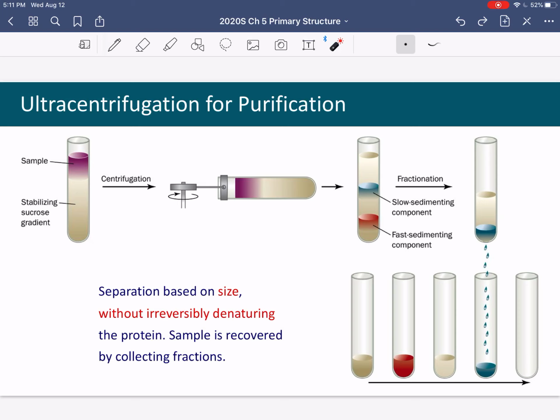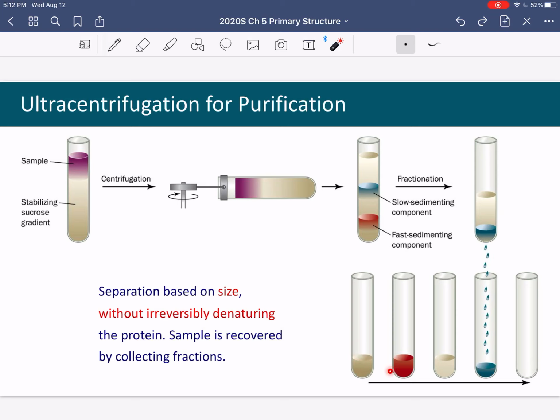And then you put that in a swinging rotor and you use centrifugal force, I guess in this direction, and that separates the 2 components, in this case, the red and the blue, into the fast sedimenting component, the heavier, more dense component, and the slow sedimenting or less dense component. You prick the bottom of the tube with a needle and you allow it to drip out, and you have the sucrose, most dense sucrose in the first fraction.